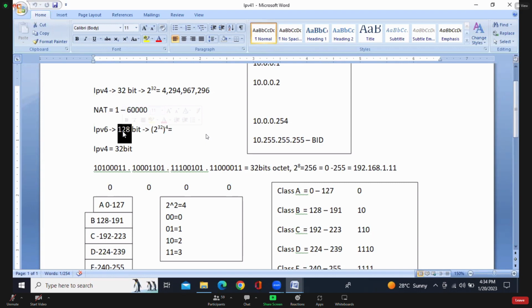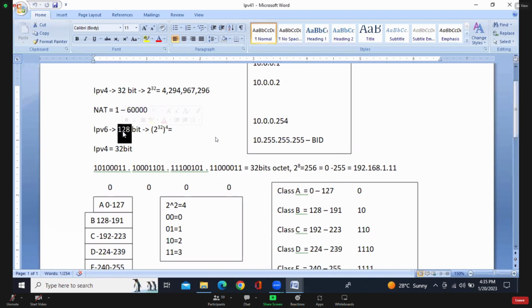Why 128? Why not 64? Why not more than 128? If they had introduced 64-bit, maybe in future we would get a problem, an IP address shortage problem. Because of that reason, they introduced 128.